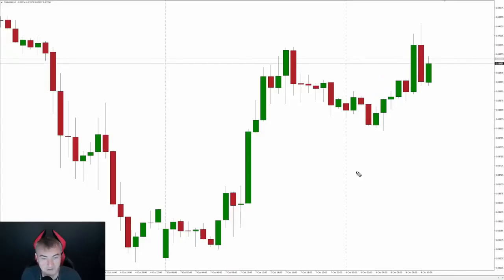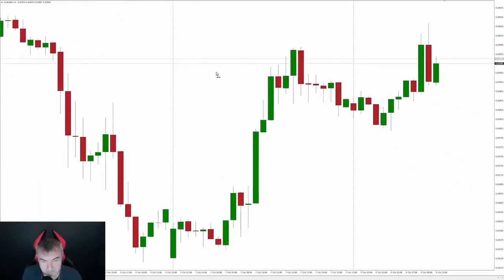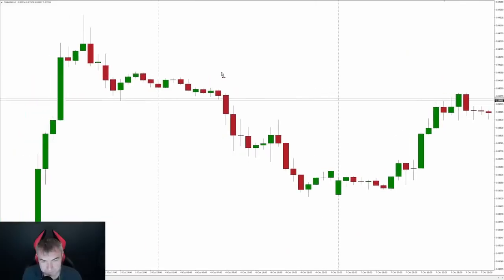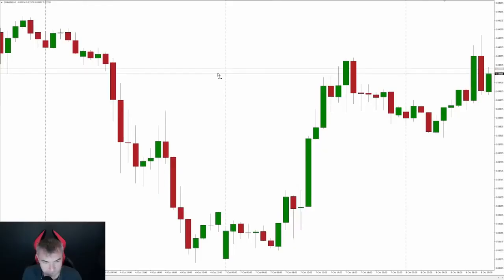And then you have an outside bar indecision candle, which I'm going to need to find because they are more rare. There we go. Oh, stop jumping around. Where did my outside bar go? There. Yeah. So this is an outside bar.